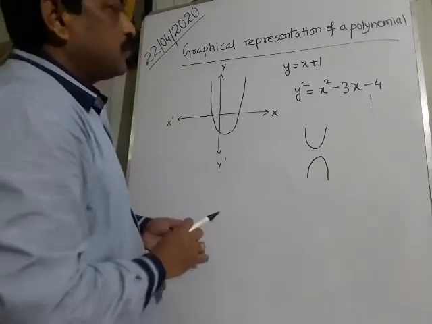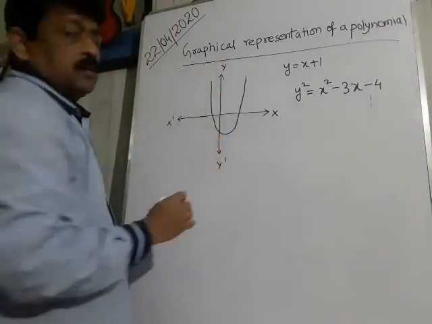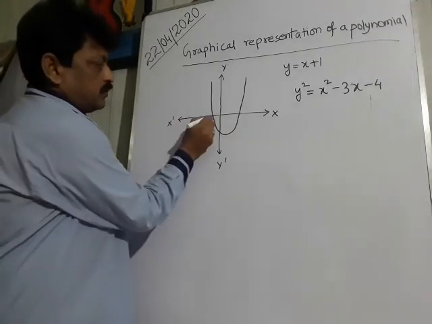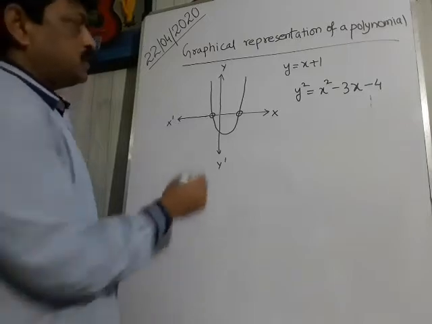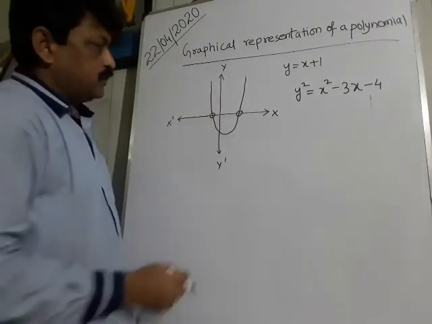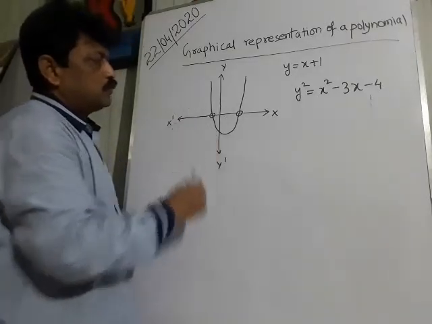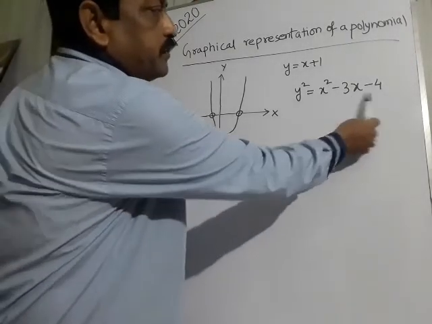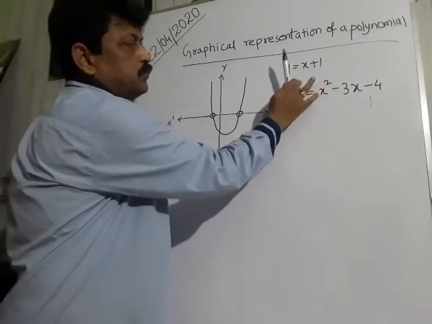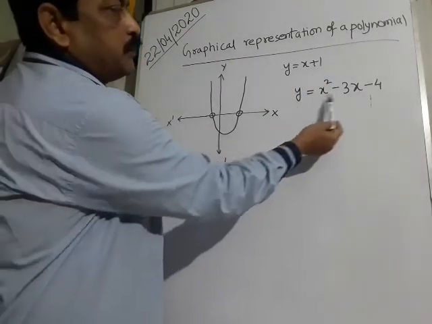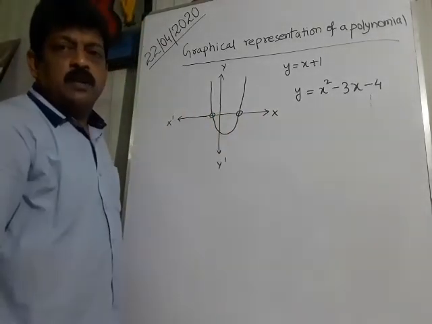So sometimes, like in this case, the graph line is intersecting the x-axis twice, one here and the other here. So this gives the number of zeros. Since it is intersecting the x-axis twice, the number of zeros is 2. In algebraic simplification also we have got that this quadratic polynomial has 2 zeros, and that is proved in the graphical representation.